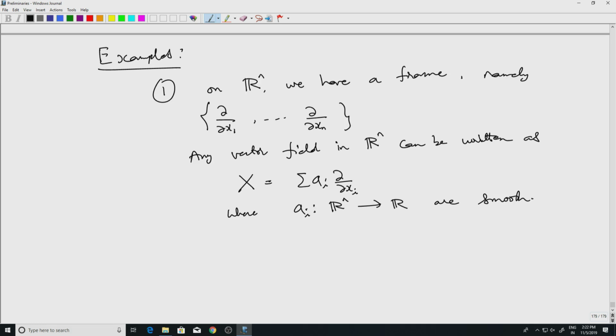In other words, a vector field on Rn is prescribed by n functions ai.